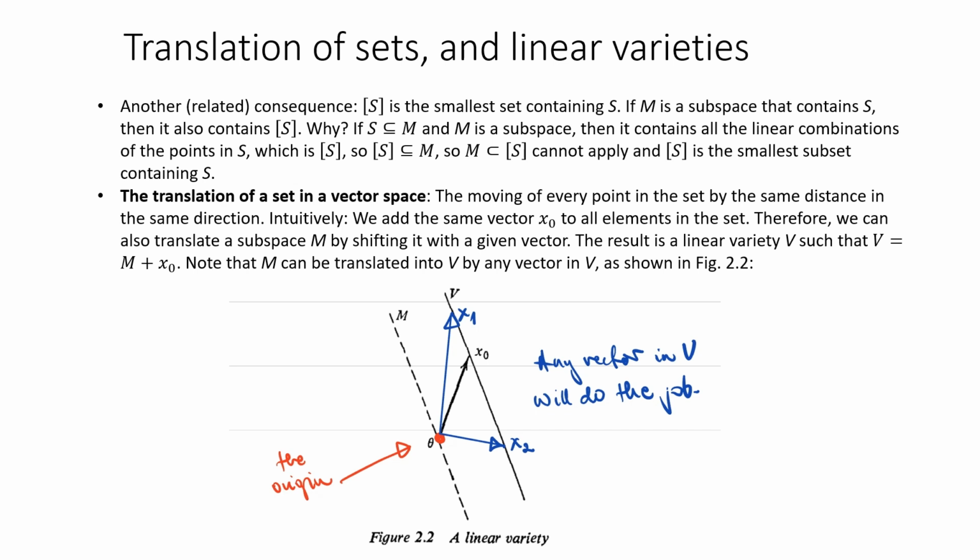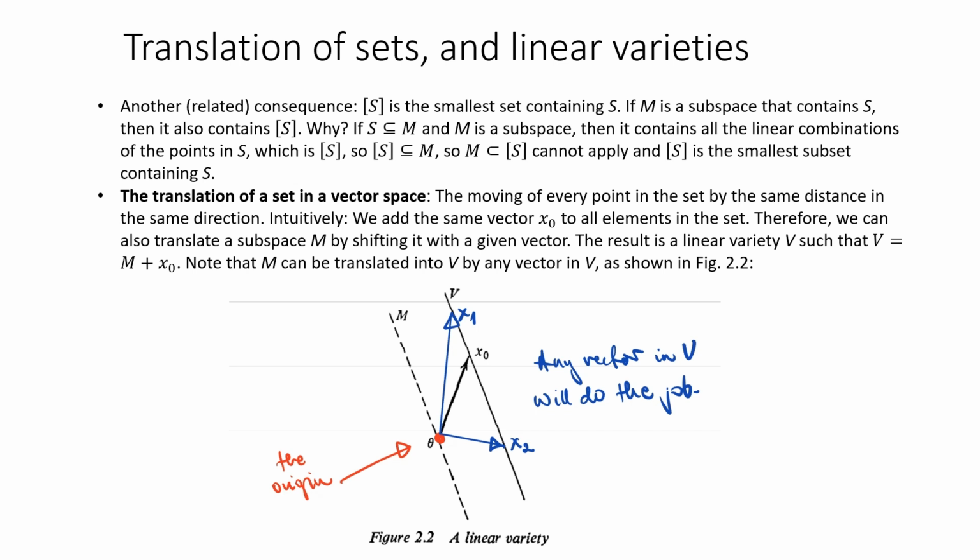The subspace generated by S is the smallest set containing S. If M is a subspace that contains S, then M also contains the subspace generated by S, because if S is a subset of M and M is a subspace, then it is closed to linear combinations, so it contains all the linear combinations of the points in S, which is the subspace generated by S. So the subspace generated by S is a subset of M, and the reverse doesn't apply, and the subspace generated by S cannot but be the smallest subset containing S.